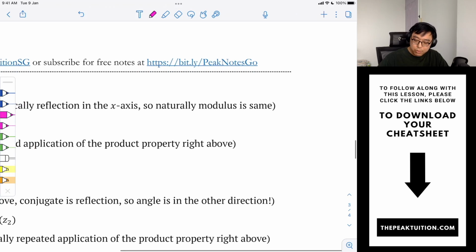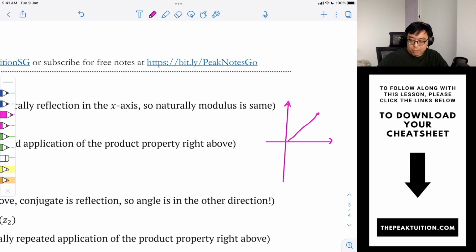So I'll do a simple case of x plus iy. Let's say we have a point here that is x plus iy. Its conjugate will have the negative y but the same positive x. So this is z and this is z star.